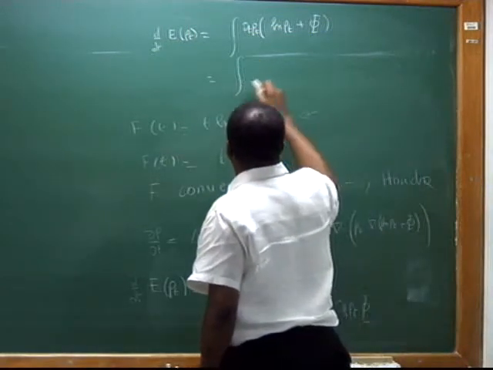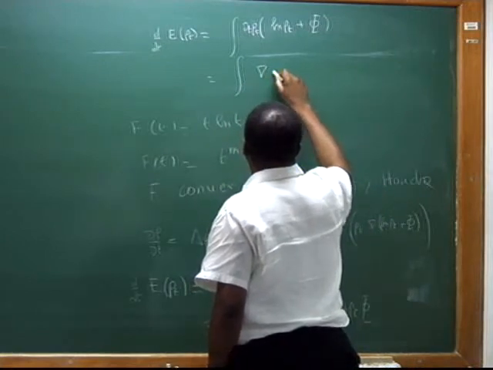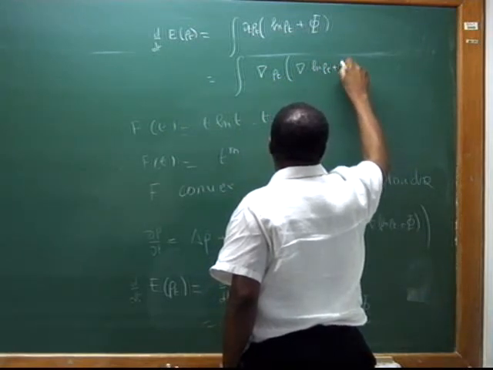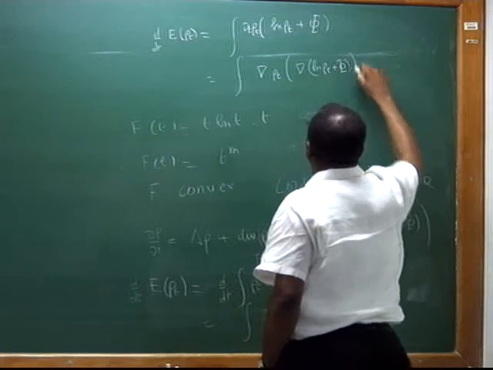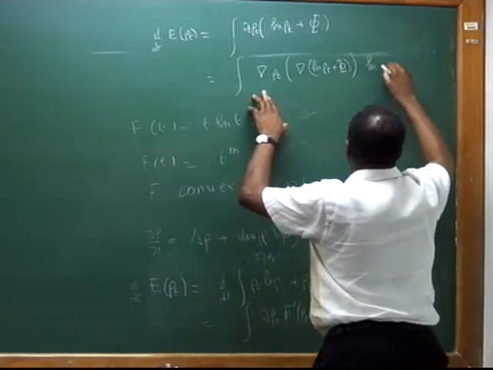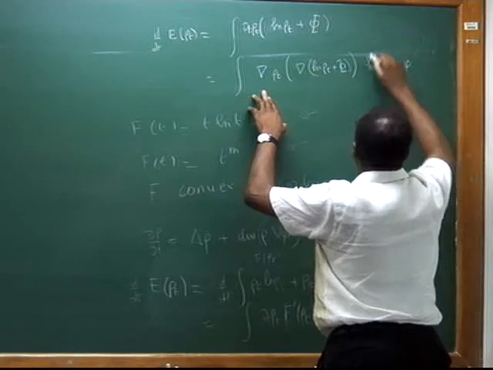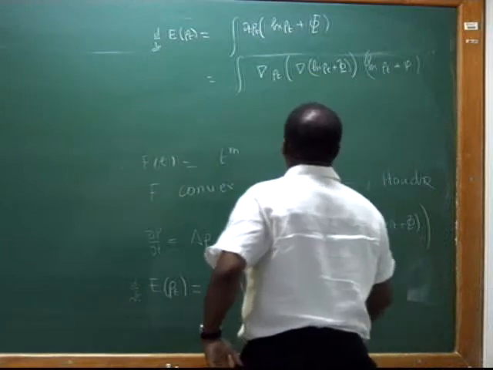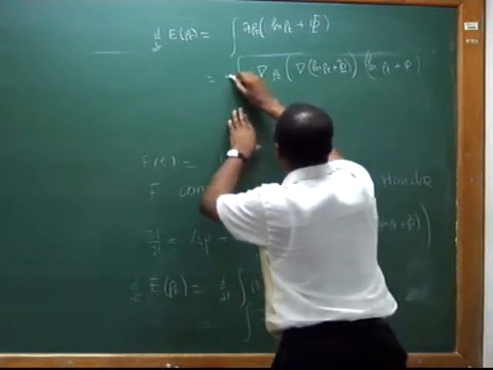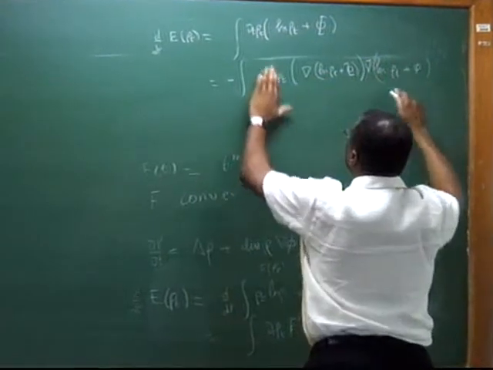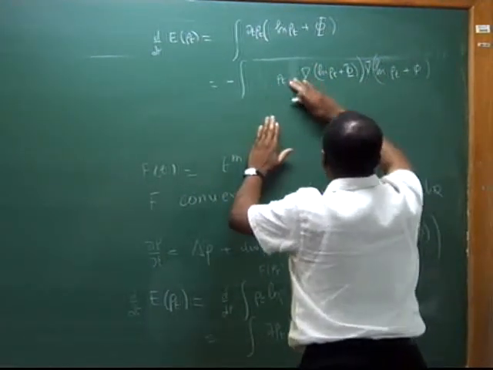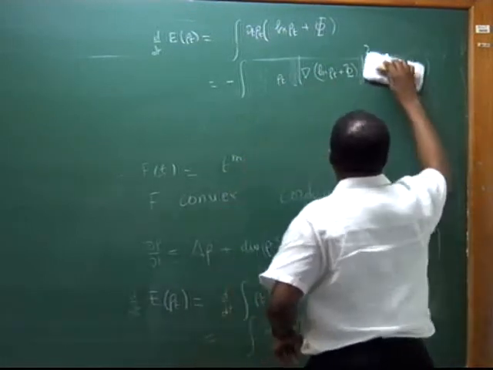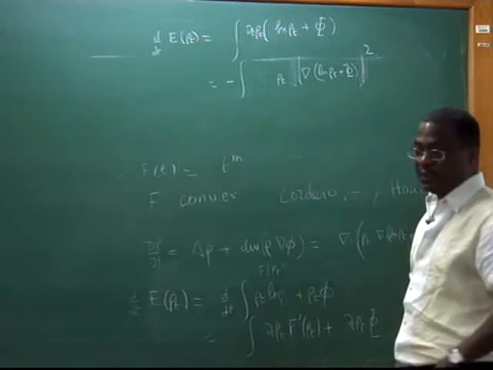This will be the integral of gradient of rho t, gradient of log of rho t plus phi. I integrate by parts and I get negative gradient of log of rho t plus phi, squared.